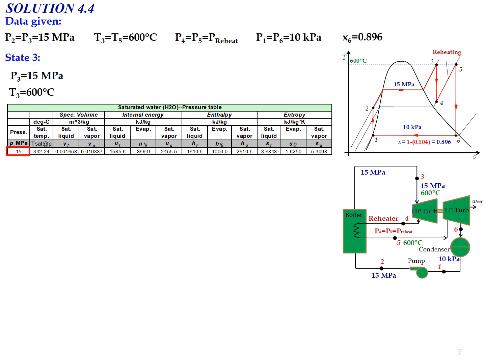At 50 megapascal, determine the saturated temperature, which is 342.24, and compare it with T3 equal to 600 degrees Celsius. T3 is greater than the saturation temperature, so the phase is confirmed as superheated vapor.